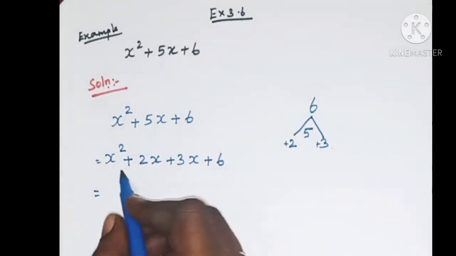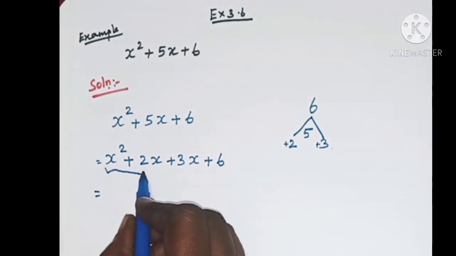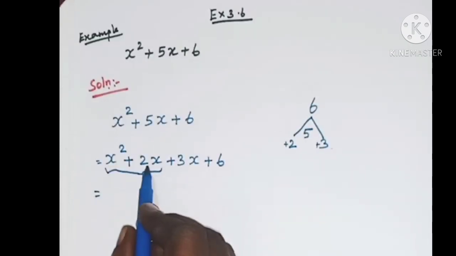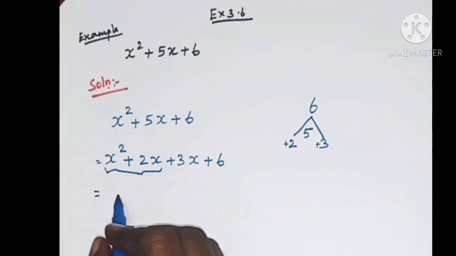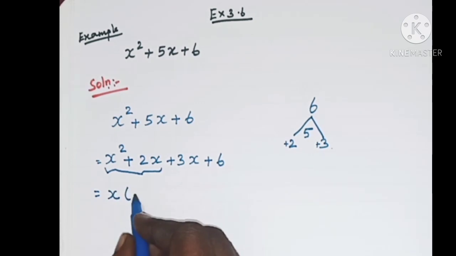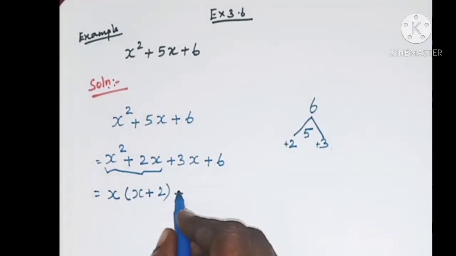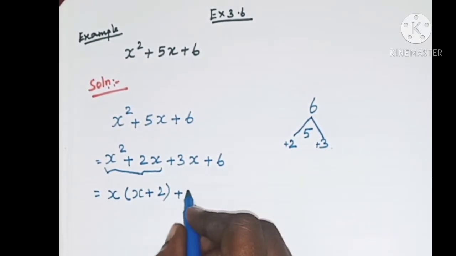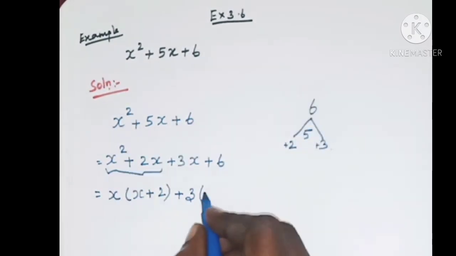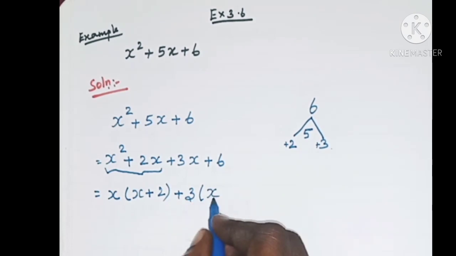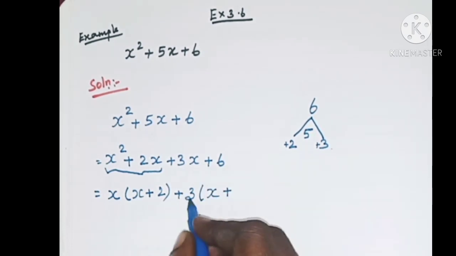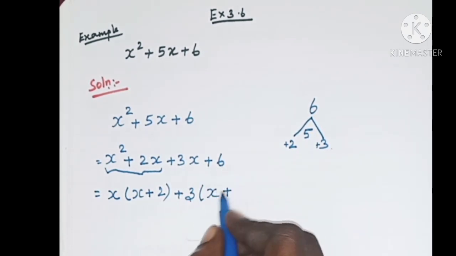Now from the first two terms, the common variable is x. So x can be taken outside, and the remaining is x plus 2. From the last two terms, the common number is 3. Take that outside. 3 into x is 3x, and 6 can be written as 3 into 2.